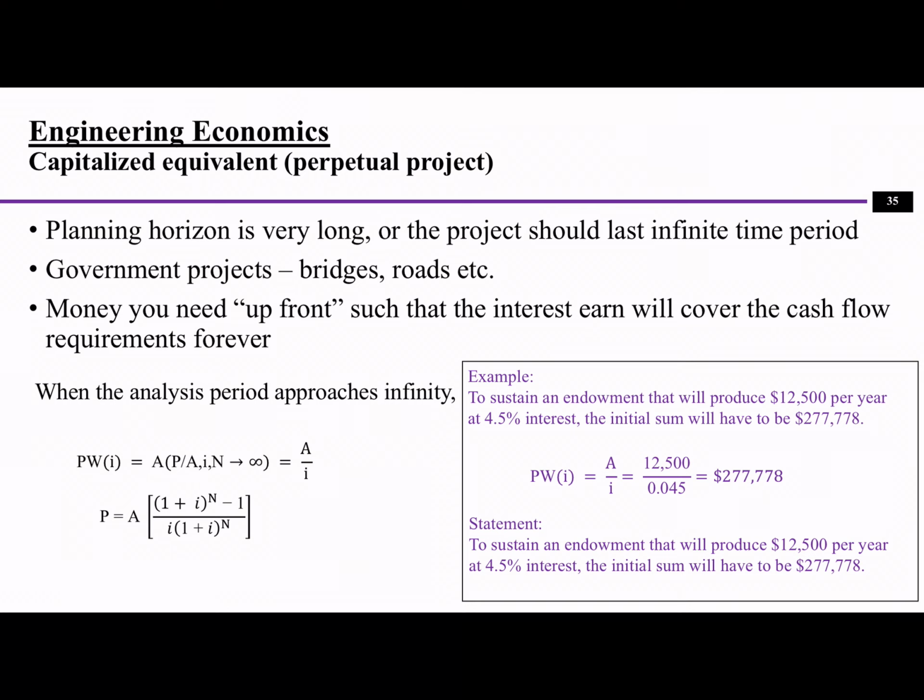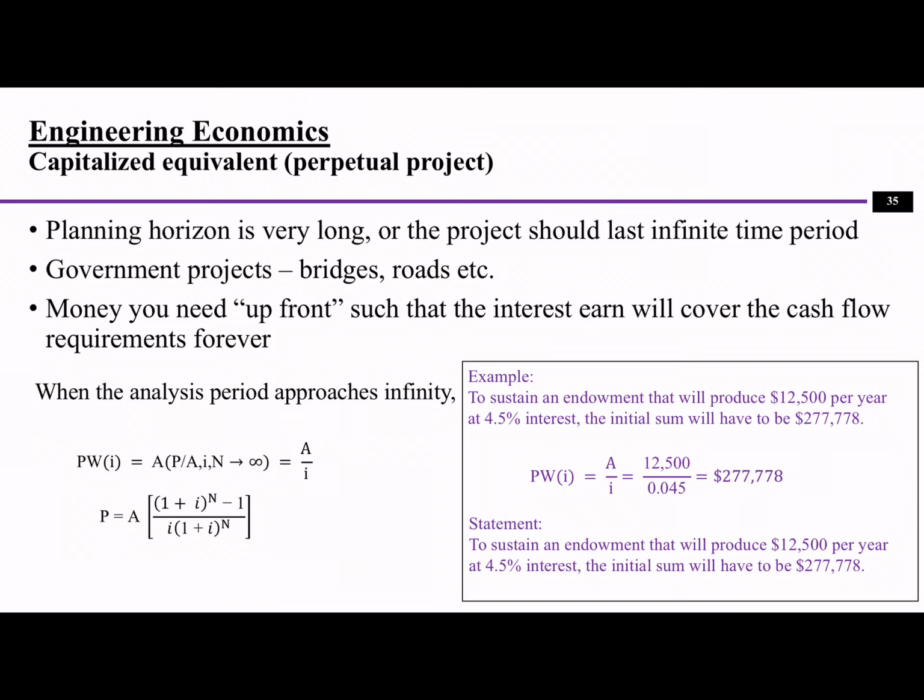Now, if you look at this equation, it equals A times 1 over i minus A divided by i times (1 plus i) to the power of n. If n is going to infinity, it means this part will be 0.